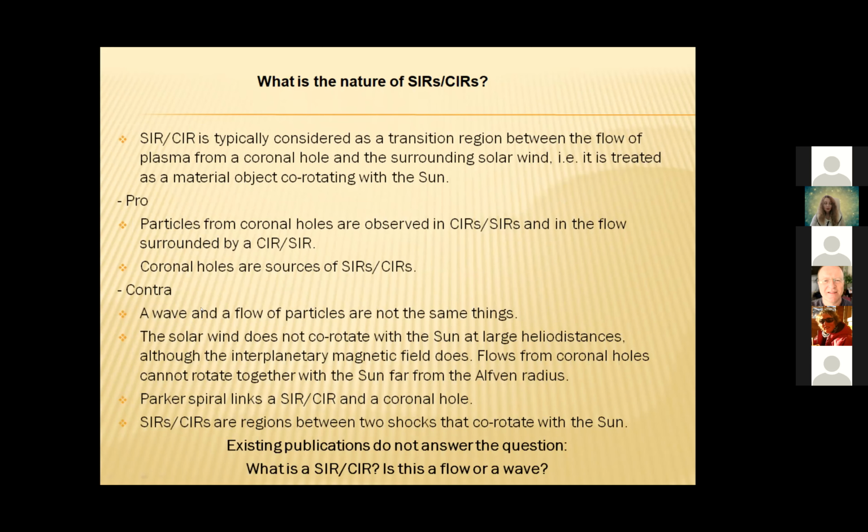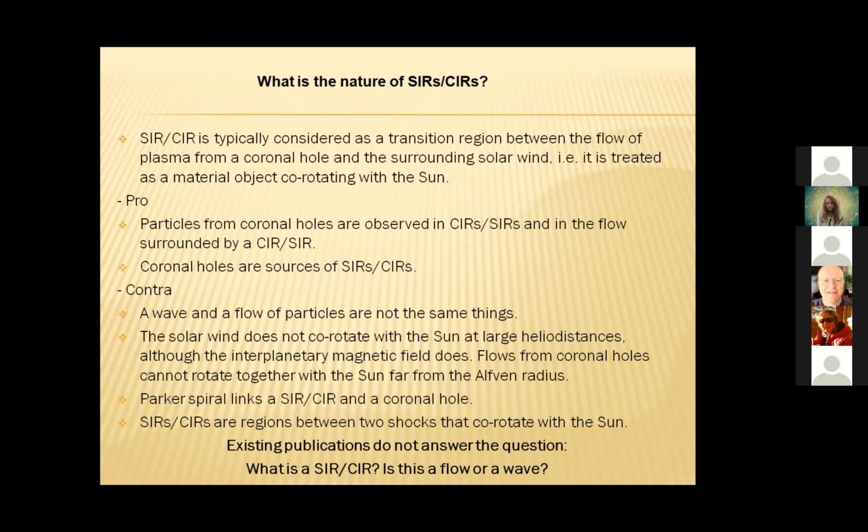On the other hand, the wave can also be associated with a coronal hole. The propagation of a wave and the plasma flow are not the same thing. It's known that the solar wind does not rotate with the Sun at large heliocentric distances. Also, the interplanetary magnetic field does.